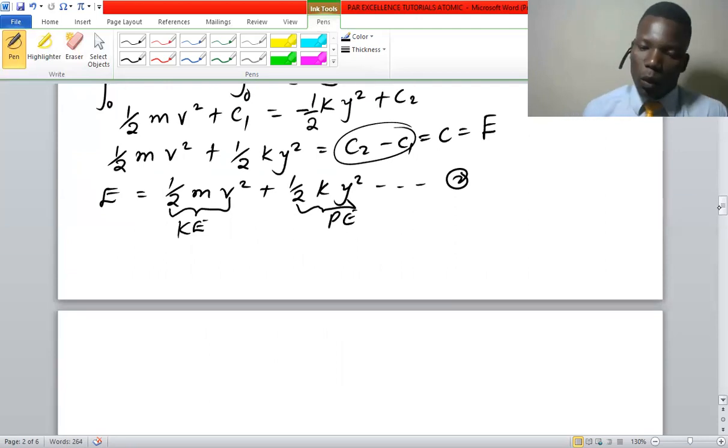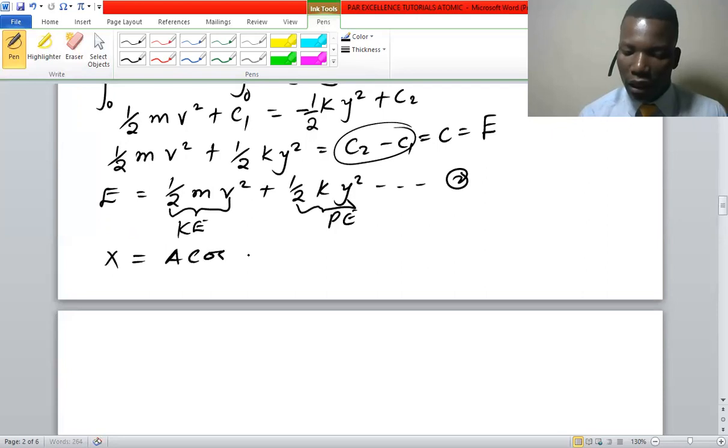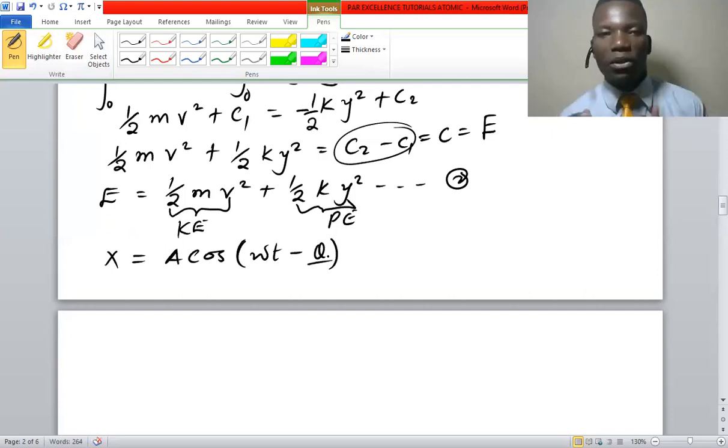Now we know that when a particle displaces, we have a cos(omega t minus phi), and that is the phase angle. If we happen to have the phase angle, that would be the phase angle.